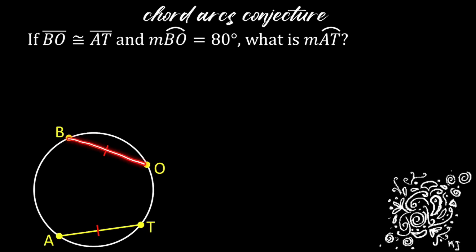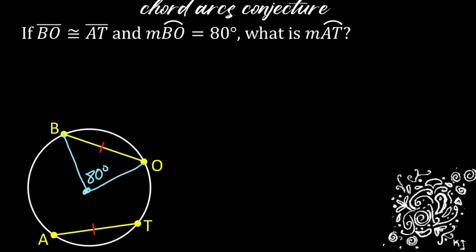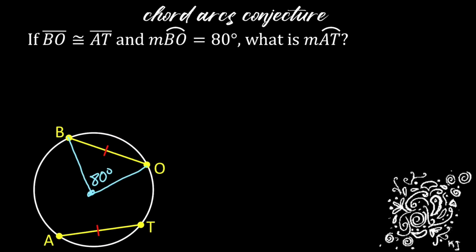In this example, we have line segment BO is congruent to line segment AT, and we know that the measure of this arc is BO. I could also say here that remember that an intercepted arc, since that arc is 80 degrees, we know that this angle right here is 80 degrees as well, because the central angle relates to the arc in that way.